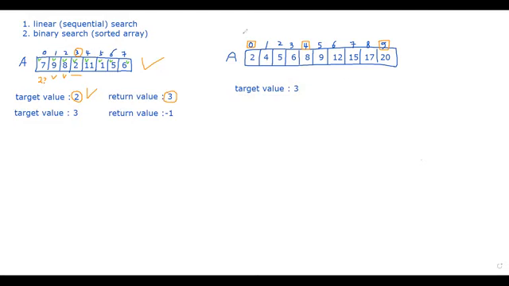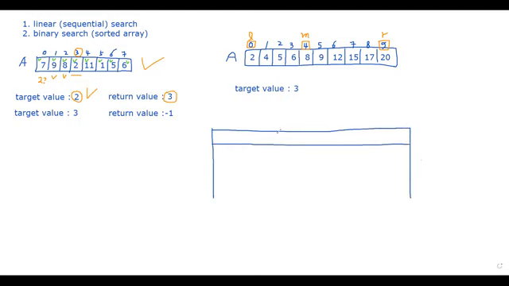Okay, so at first this is left. It's the same thing. This is right. And this is the first mid. So let's have a table. It's the same thing. So I'm going to have 3 columns: left, right, and mid.